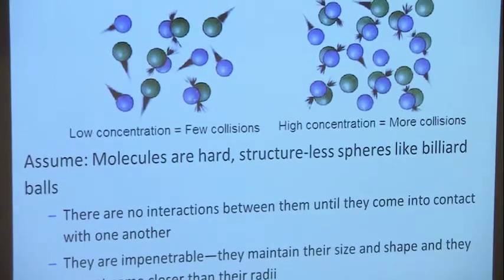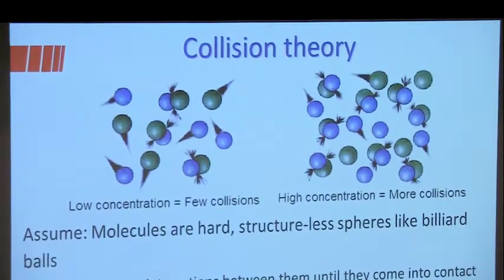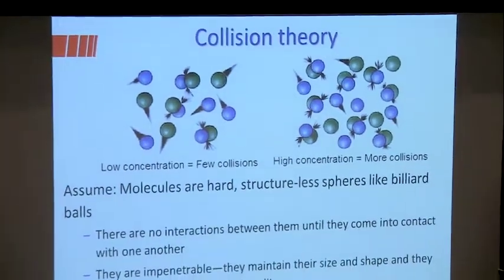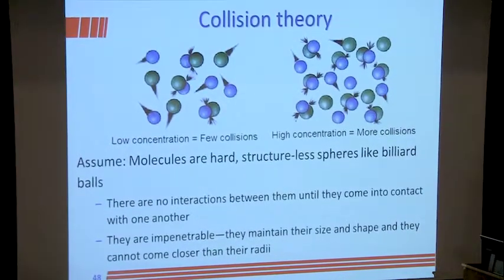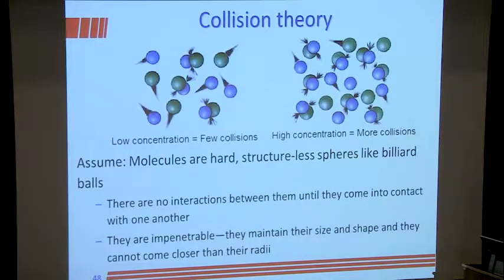So we go back, and actually, this is where I saw this picture. If you go to Wikipedia and you Google simple collision theory, you see this picture. Again, we have low concentration, few collisions, high concentration, more collisions. For simple collision theory, we assume the molecules are hard, structureless spheres like billiard balls.